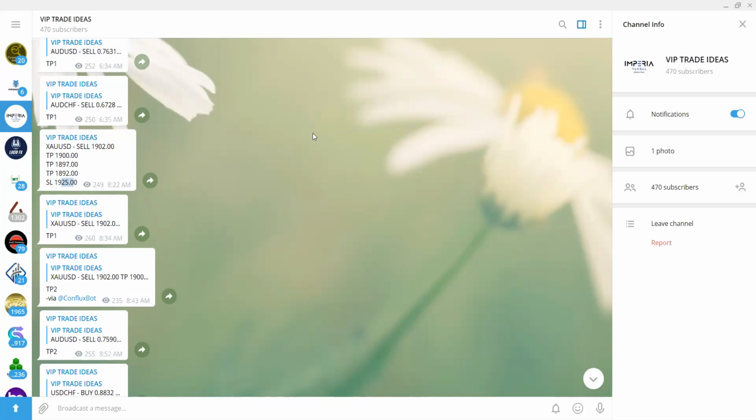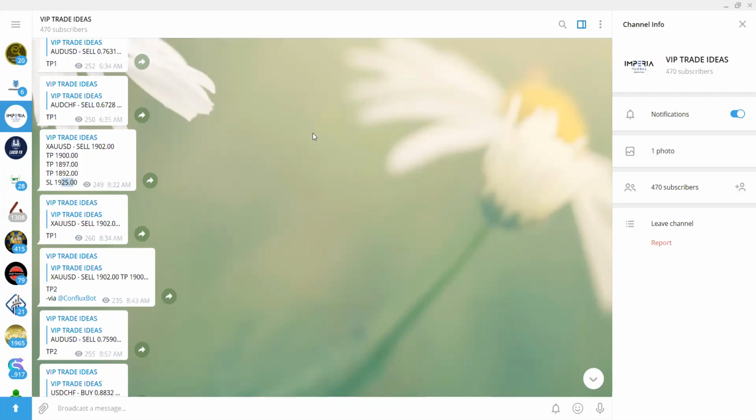Someone said 5. If it is 5, the stop loss will be 1902.50.